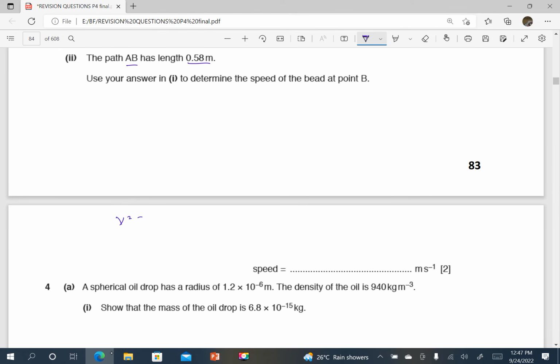So v squared is equal to u squared plus 2as. It started from rest. So v squared is going to be 2 times the acceleration, which is 13, times s, which is 0.58. And I press the calculator very fast. So this is 3.9.